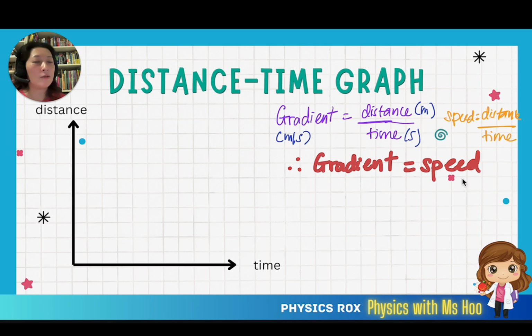So what did I mean when I mentioned earlier that whatever the gradient represents, that's the speed? If we look back at the graph, say for example, we have a graph that is horizontal like this. I'm just going to draw it above the x-axis. If you have the section of the graph that is parallel to the x-axis, the gradient value is how much? Let's try to recall our math.